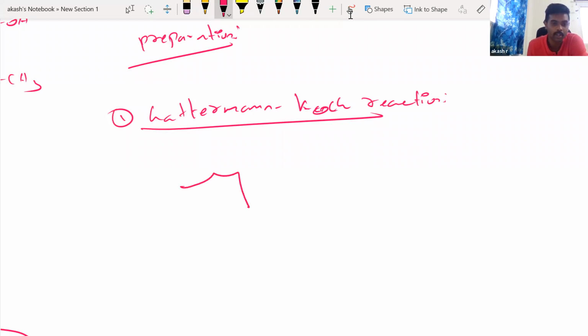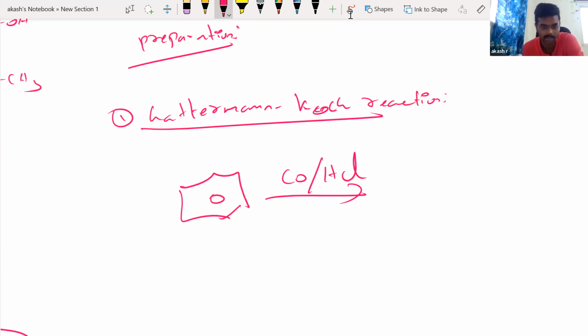What we are going to do here is take benzene and react it with CO and HCl, and we are going to directly get benzaldehyde.